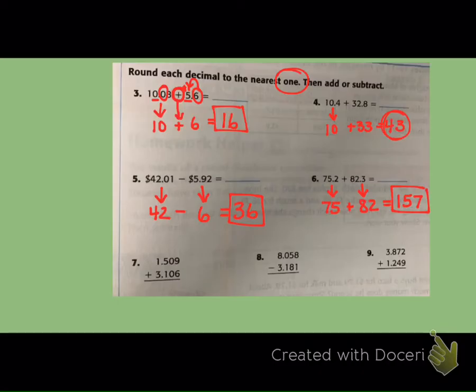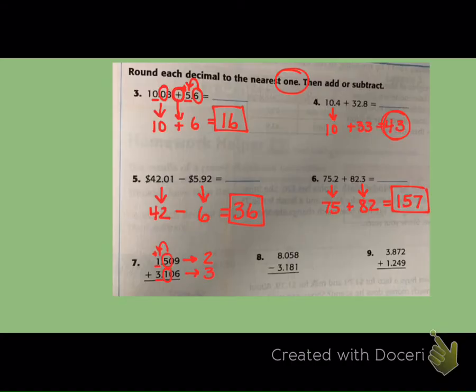All right, for these next few here, I would like you to set it up this way. Again, we are rounding still to the nearest 1. So we're going to underline the ones column here. 5 is going to make it get bigger, so that gets rounded to 2. And this one here is going to keep it the same, so just draw a little arrow like I have done.